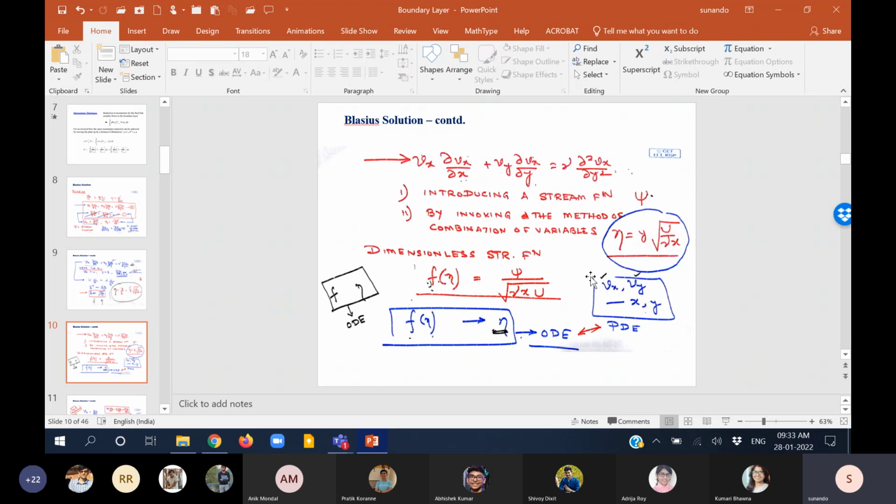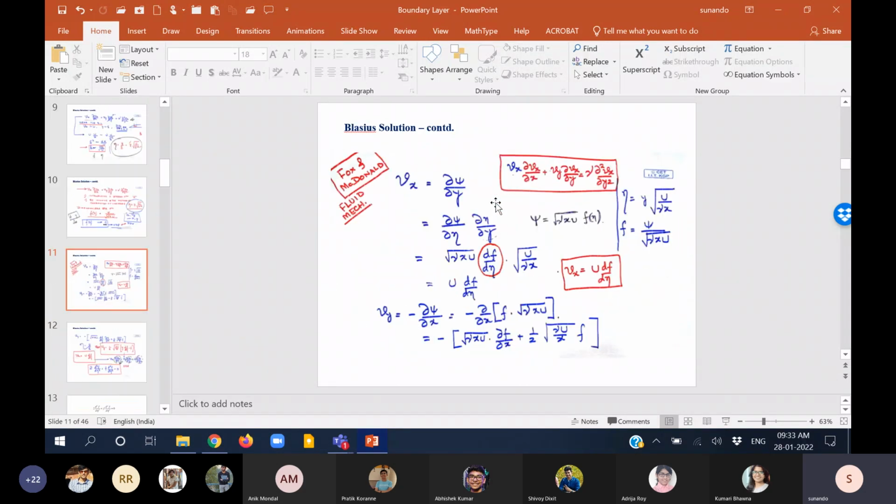And since this equation is dimensionless, I'm simply writing a dimensionless stream function. The hope is that once I substitute this in here, I would get an ODE between F of eta and eta. That's how you convert a PDE to an ODE.